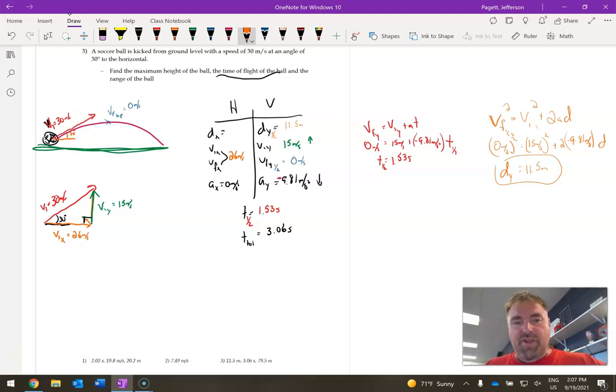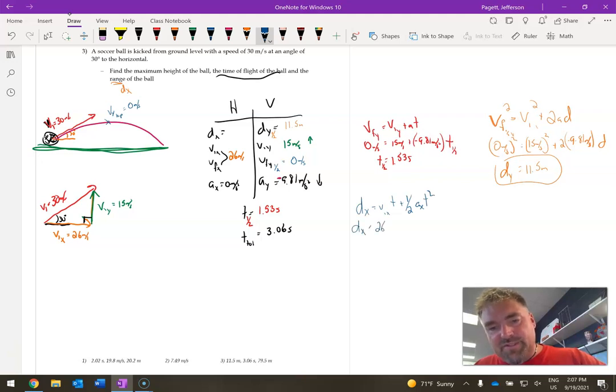And the last one, the range of the ball. Range is another way of saying dx. And so if I want to solve for dx, I'm just going to go back and use my original one. Dx is equal to Vix times t plus 1/2 axt squared. So dx is equal to the 26 meters per second times my 3.06 seconds.